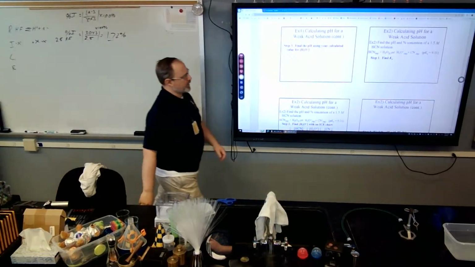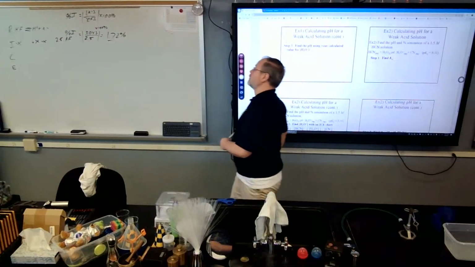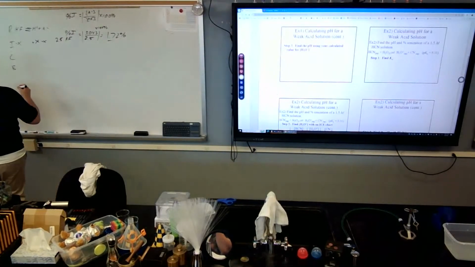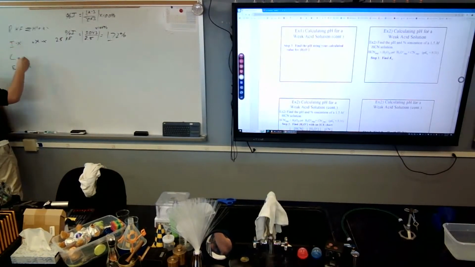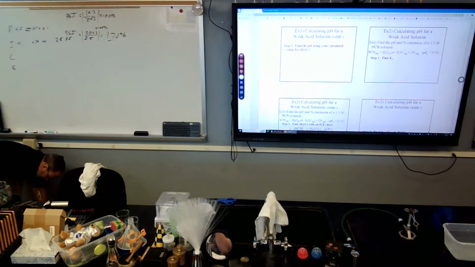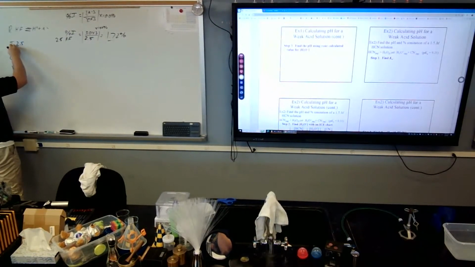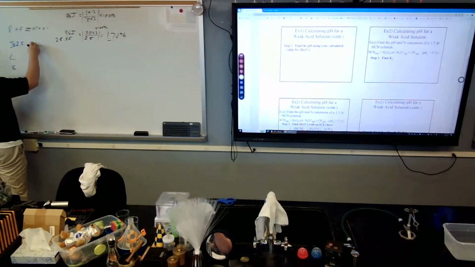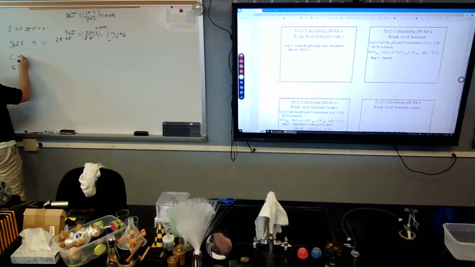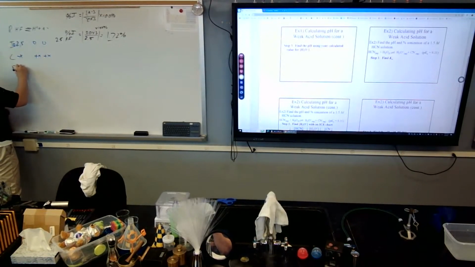I'm going to get a blue pen, and we're going to dilute it by a factor of 10. Initial 2.5 is going to become 0.25, and 0 and 0. This is still minus x, plus x, plus x. Equilibrium is going to be 0.25 now, and x, and x.